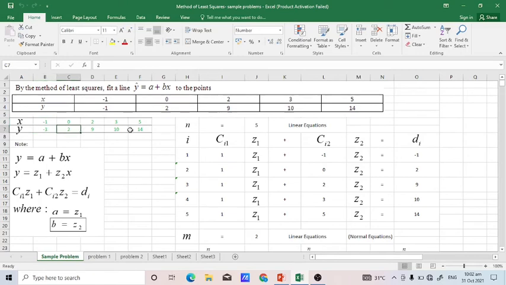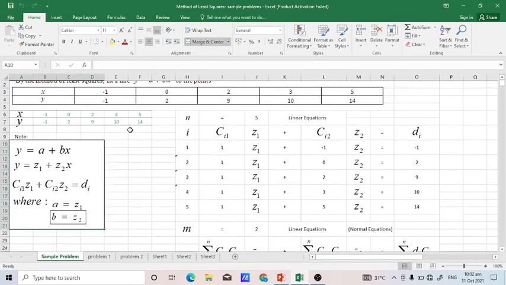Okay? So ito yung mga given ko, negative 1, 0, 2, 3, 5, x1, y1, x1, x2, x3, x4, x5, diba? Ayan. So tapos dito, para hindi ako malito, yung ginawa ko, yung a ginawa kong z sub 1, yung b ginawa kong z sub 2. Okay?